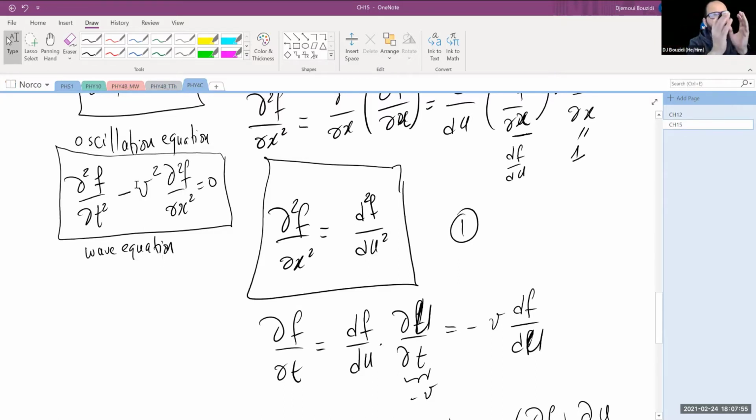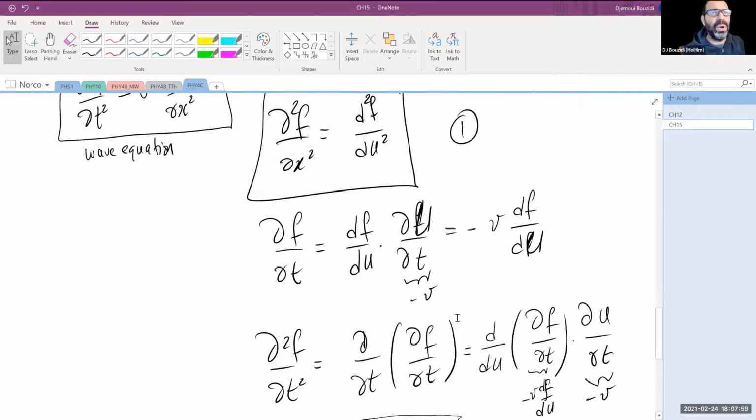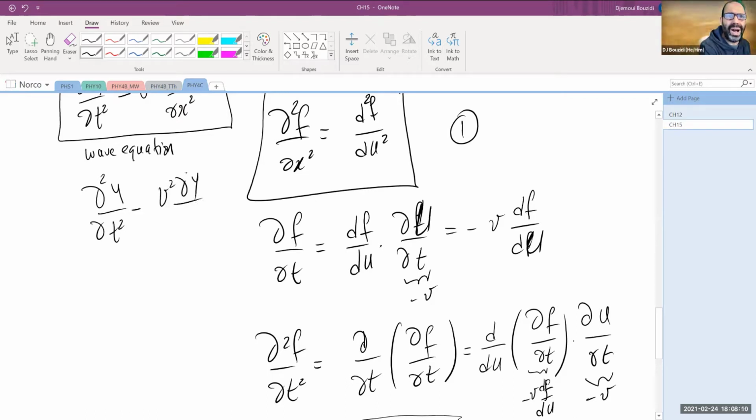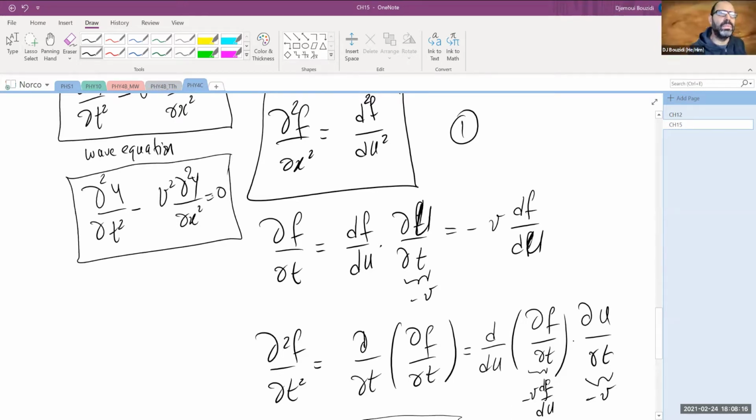So in general, the wave equation is of this form, where y represents any kind of wave traveling to the left or the right, it doesn't matter.